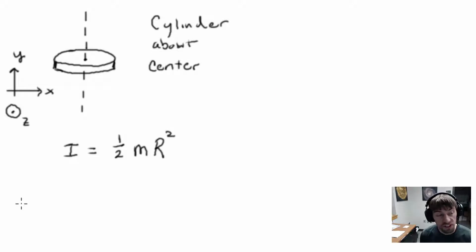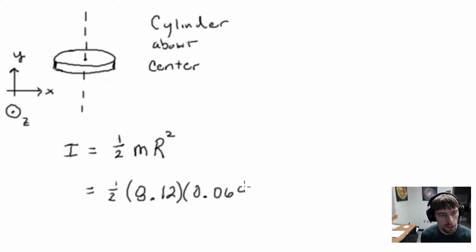At this point, we're just dealing with the plug and chug. So 1/2, I'm given the mass, of course, a rather massive object, but the radius is really small, right? It's 0.0687, and don't forget the squared.